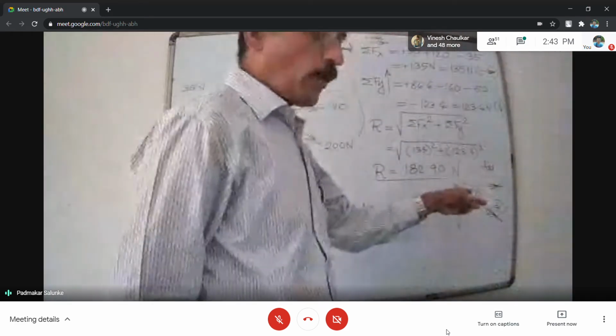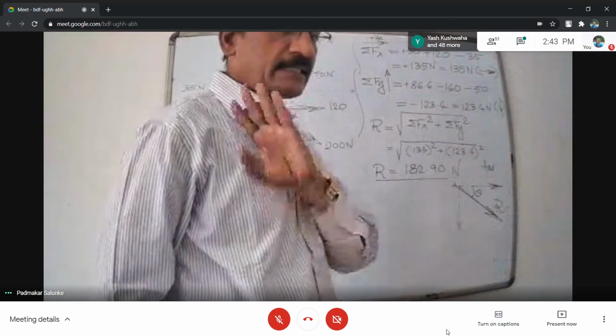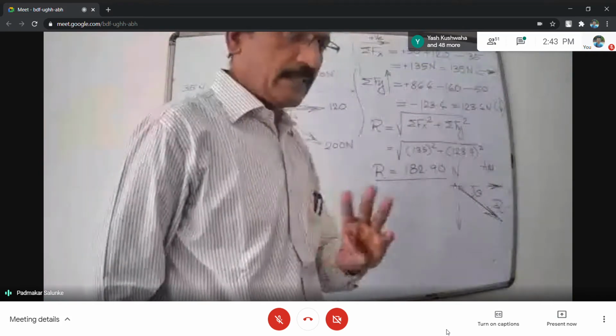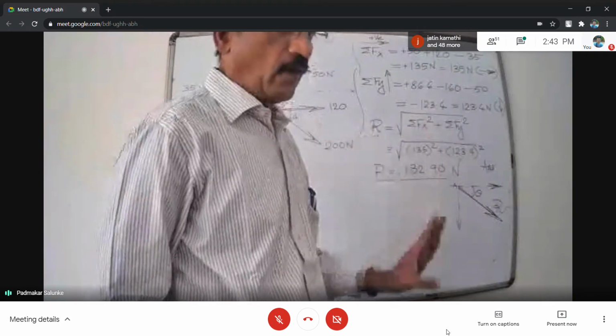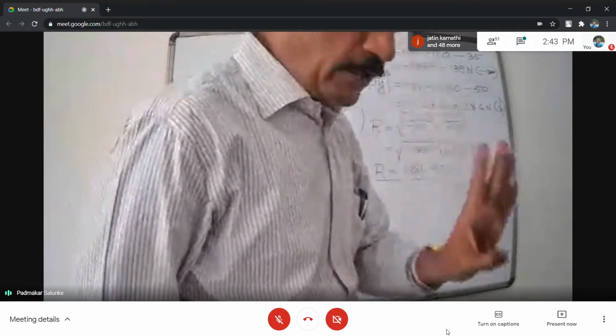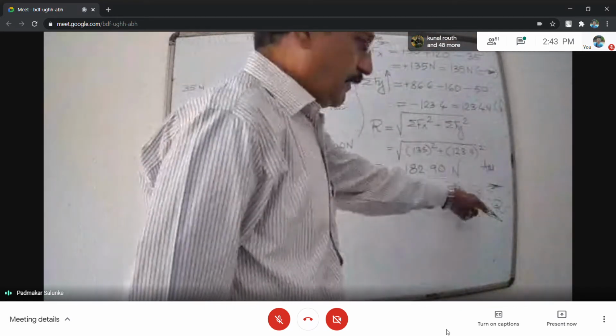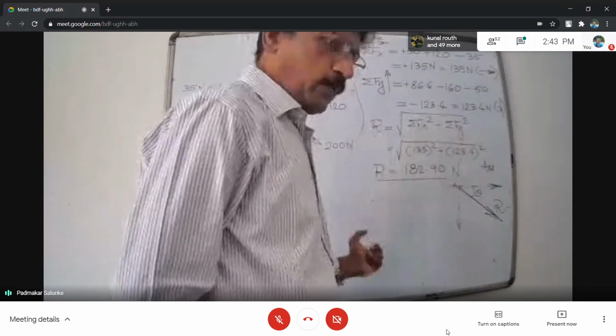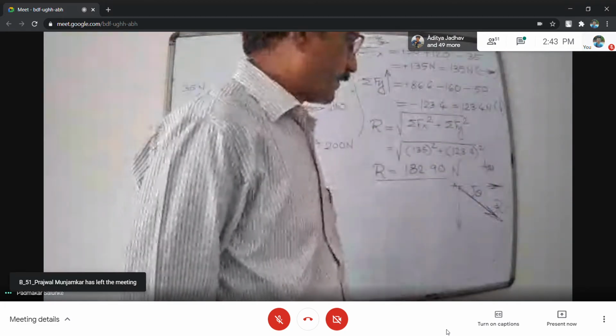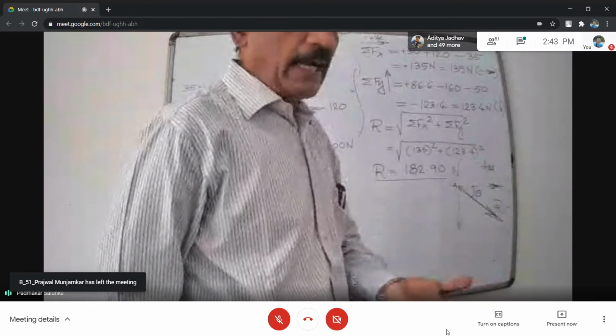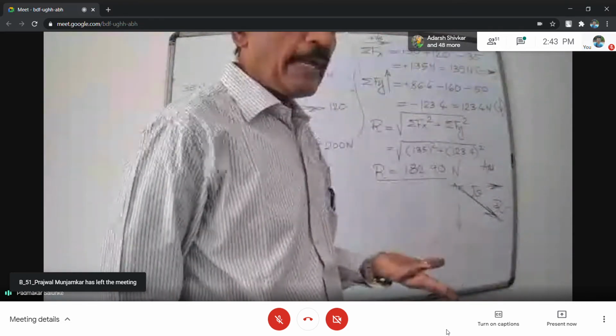If you are not drawing this sketch, this calculation of angle theta doesn't have any meaning. Or it has a total of 8 meanings. Number one, which 8? It may be in first quadrant, second, third, or fourth. That is number one. This angle theta, either I am measuring with x-axis or y-axis, that is number 2.